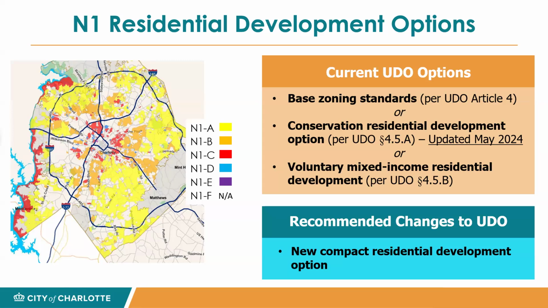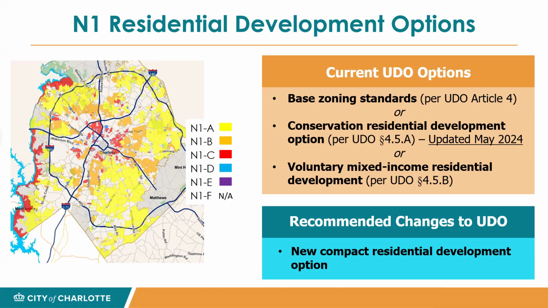There's just base zoning standards, so that's base lot sizes, which are really reflective of patterns that exist in our neighborhoods today. Then there is conservation development, which was adopted on May 20th.